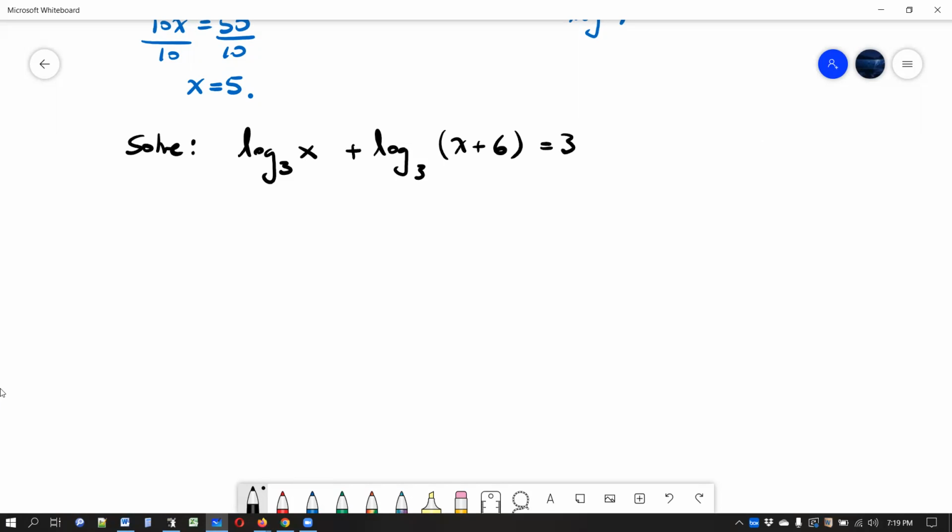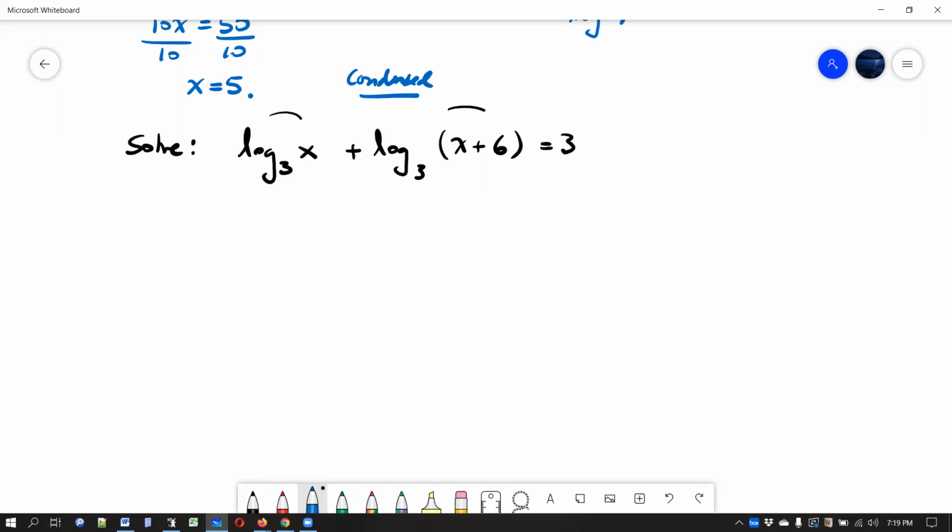So I have log base 3 of x plus log base 3 of x plus 6 equals 3. I cannot begin the problem unless I have a single log expression. I have two. This is the first. This is the second. I can't proceed this way. They need to be condensed.